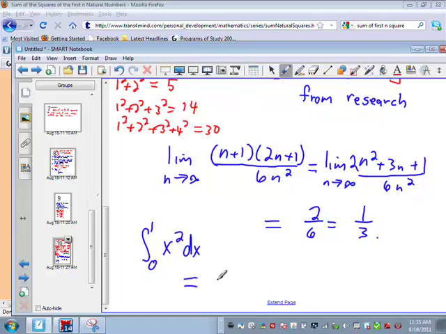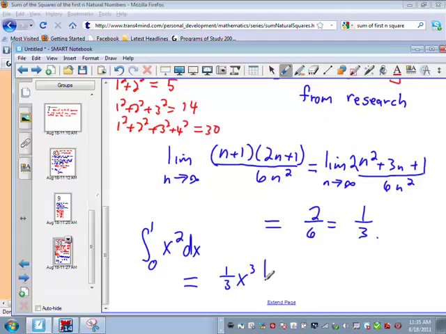But what we're going to do is remark that a function whose derivative is x squared is 1/3 x to the third. If I took the derivative of 1/3 x to the third, that is x squared, right? Do we agree with that? And if I put in 1 and 0 and subtract, that is 1/3.